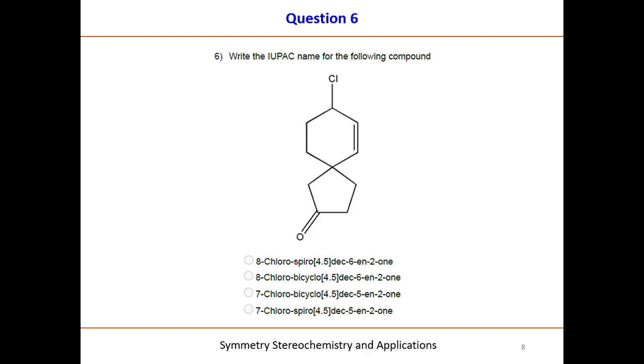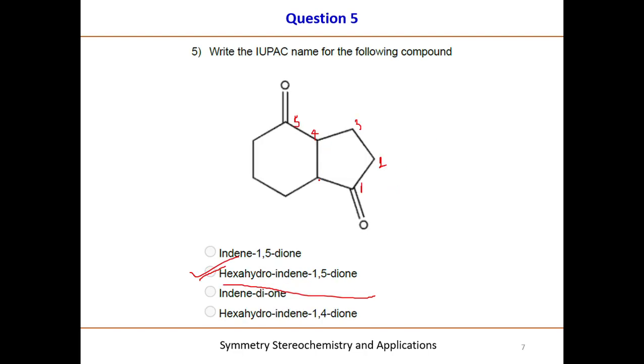So here we can see we have a spiro compound. The difference between a bicyclo and a spiro compound is that in bicyclo, two carbon atoms are shared by the two different rings.